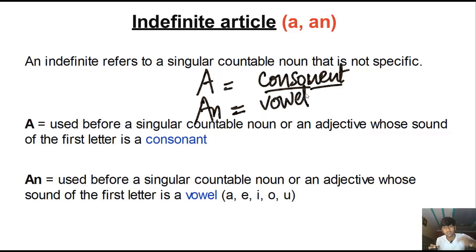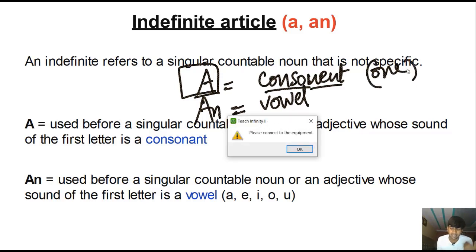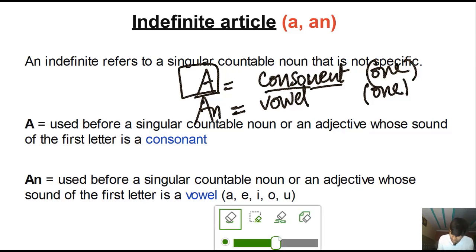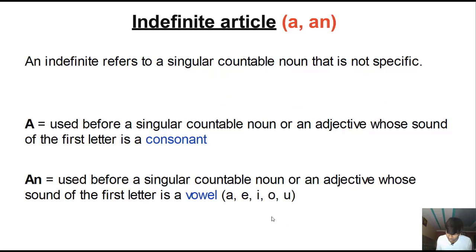We're not just looking at the first letter of the word that it's coming before. We're focusing on the sound of the first letter. If the sound of that first letter is a consonant sound, we'll use a before it, to mean one and unspecific. If the sound is a vowel sound, we'll use an, which will also mean one and unspecific. Okay. And we know what vowels are. We don't have to talk about that.